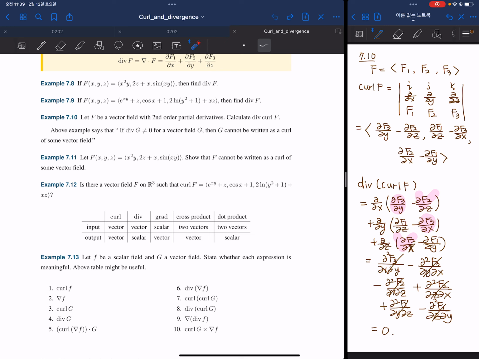Nice. So we can say that if the divergence of some vector field G is not 0, then G cannot be written as a curl.